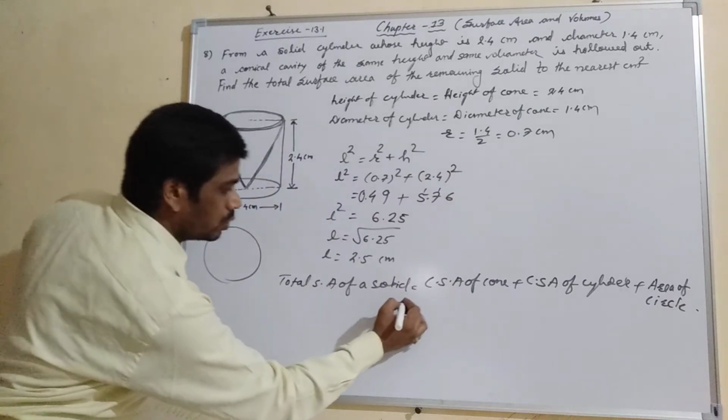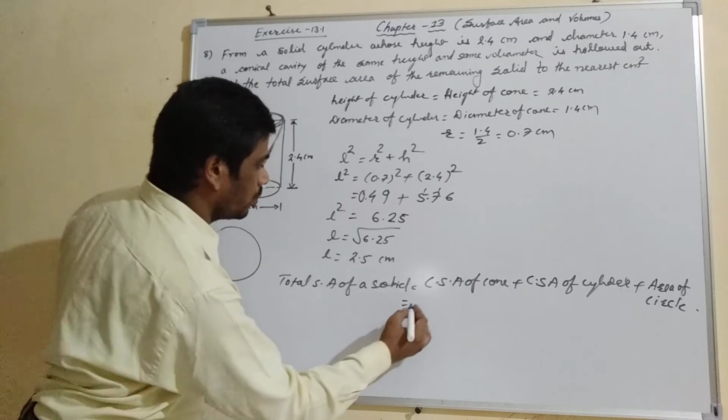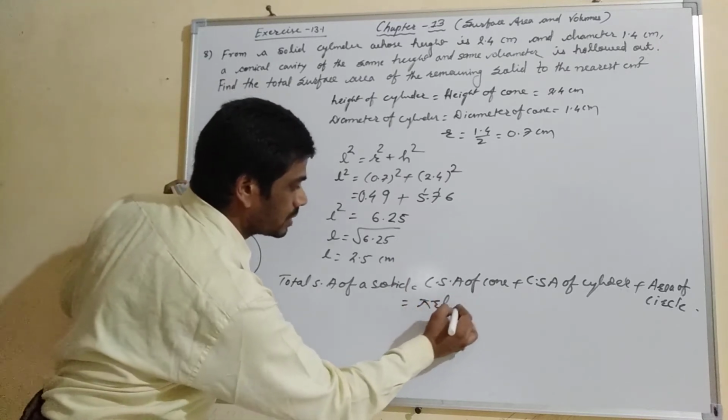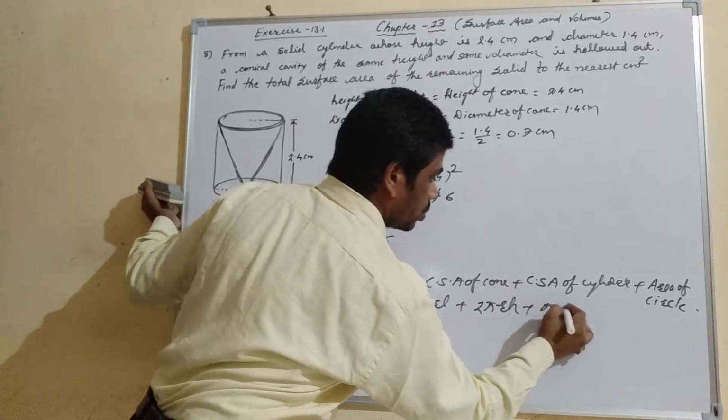You know that the curved surface area of a cone will be pi RL, plus this is 2 pi RH, and this is pi R square.